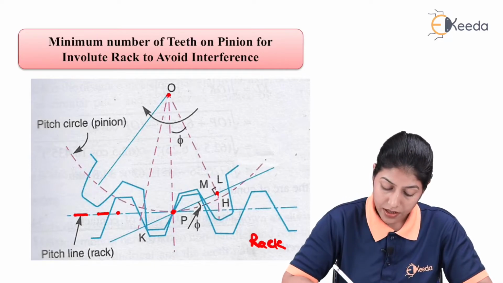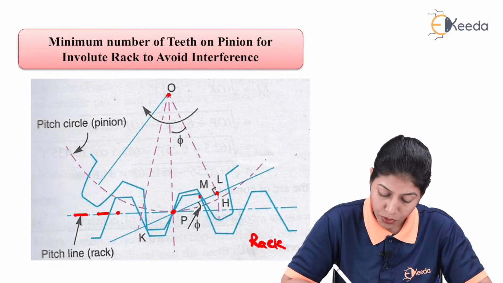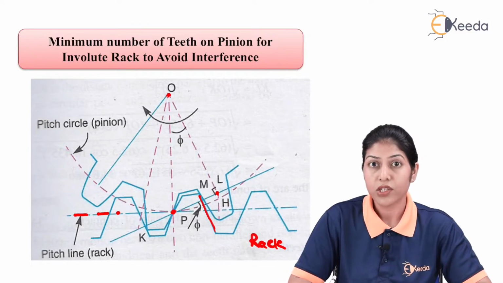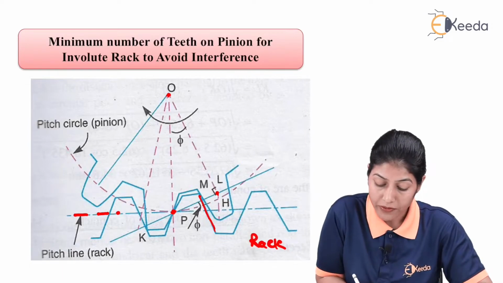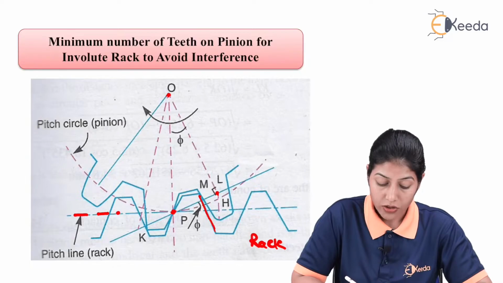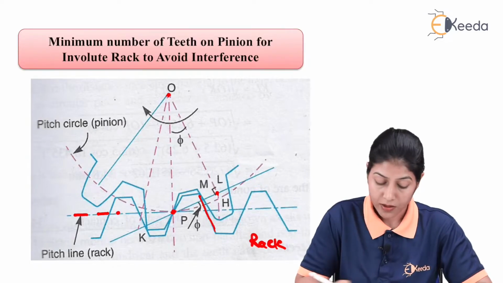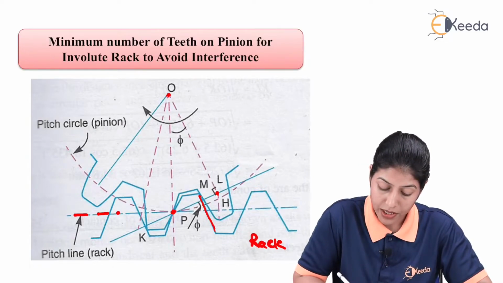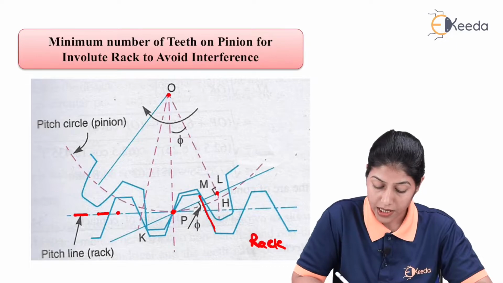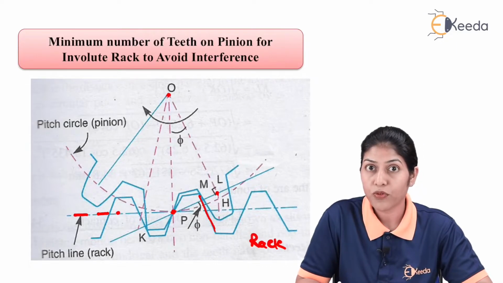The tooth profile of the rack is always considered a straight line only. It will not have any involute profile. The involute profile we only consider on the tooth of the pinion. So in that case what will happen? The straight profile of the tooth of the rack is in contact with the involute profile of the pinion.